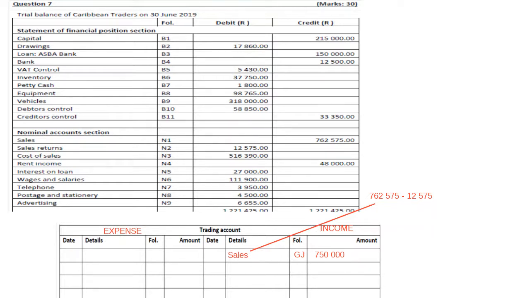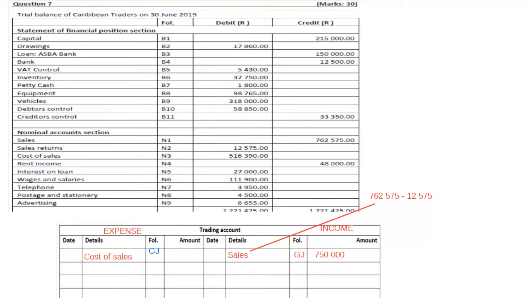And remember, this side will always be the cost of sales side. I'm referring to the debit side. Okay, guys? And then again, we use GJ. Guys, don't forget, because sometimes we mark this folios, GJ. And the amount is, as you can see, that the cost of sales is how much?